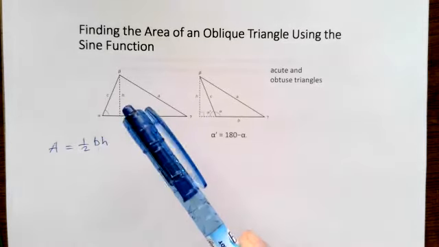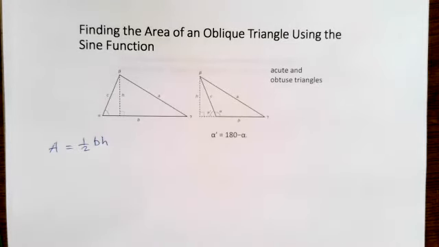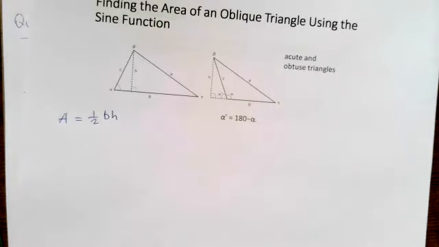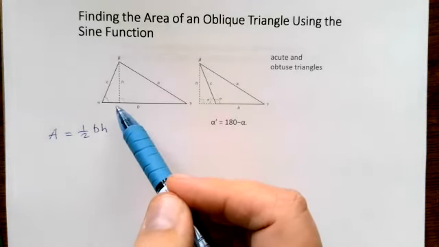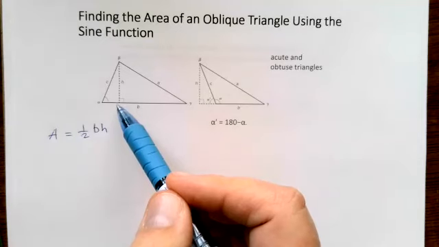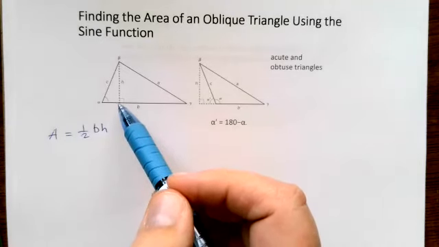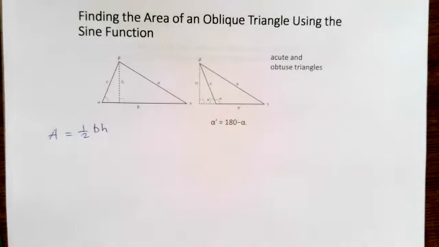But right now we're going to see if we can avoid doing that and basically create a shortcut for finding the area. We're going to use the knowledge of trigonometry in order to come up with a formula.